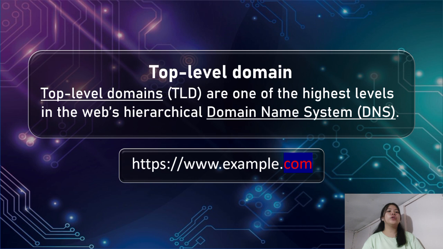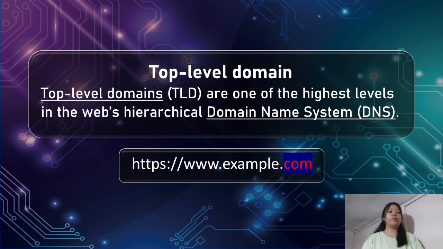So imagine you're looking for a website and you're not sure where to start. The top level domain can give you a hint about what kind of website you are visiting. Like for example, if you see a website with a .gov top level domain, then you will know that this website is a government website.